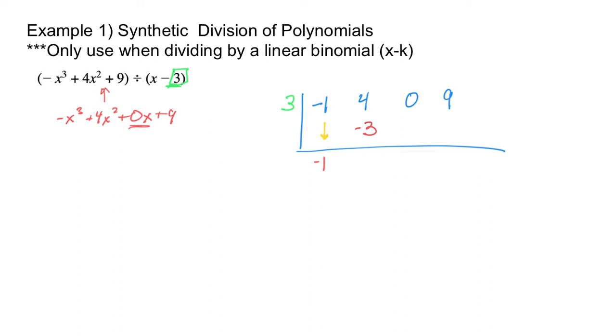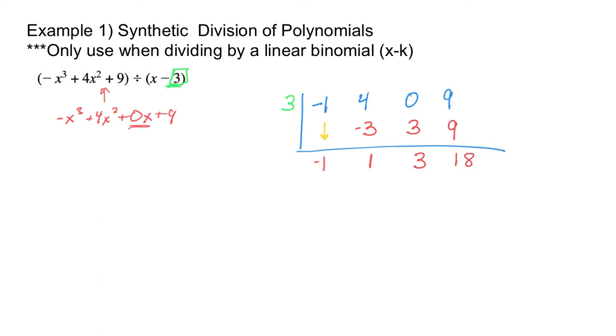So we're going to do 4 plus -3. We're going to end up with 1, and we're going to repeat that process again. So we'll take this 3 times 1, and 3 times 1 is 3, and then we're going to add 0 plus 3 and get 3. We're going to multiply again. We got 3 times 3, which is 9, and we're going to add the 9 and the 9 together to get 18. We're done the problem.